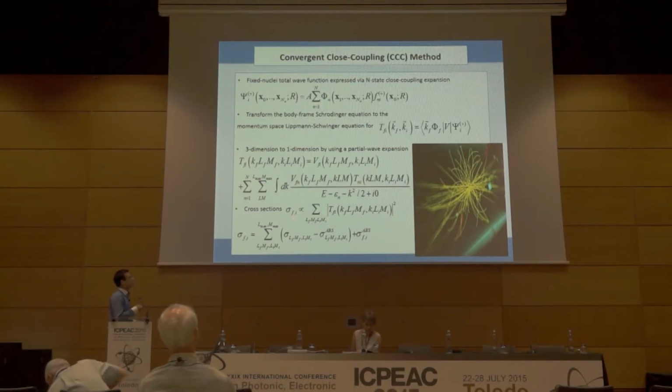If we want to get accurate cross-sections, we need an accurate T and also a converged expansion of the total scattering wave function. So we need convergence in our close coupling target state expansion with respect to the number of target states that we take.